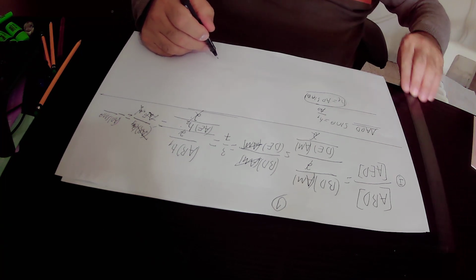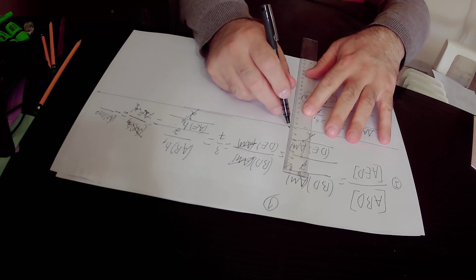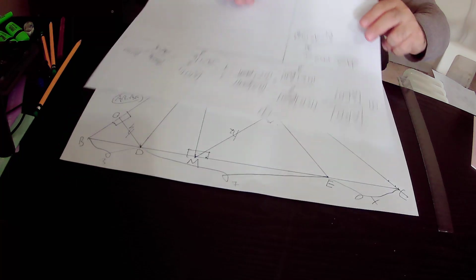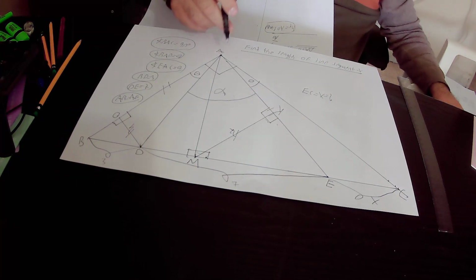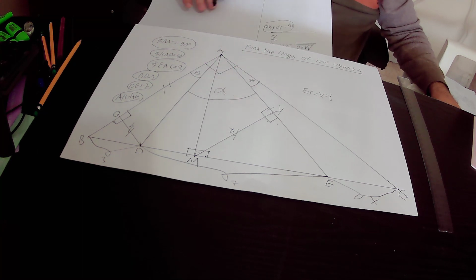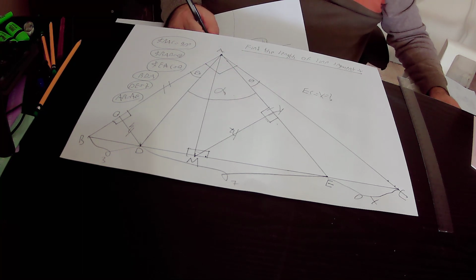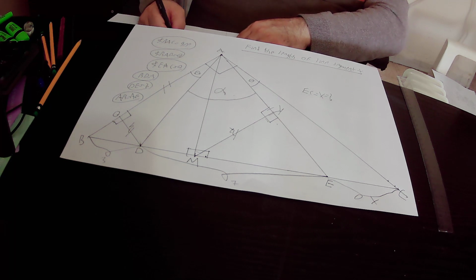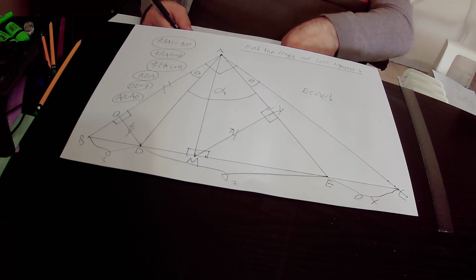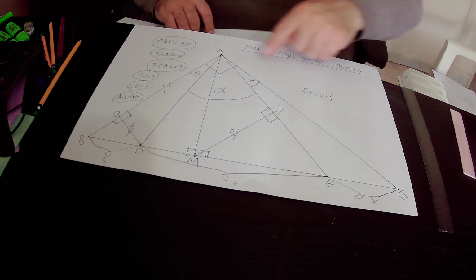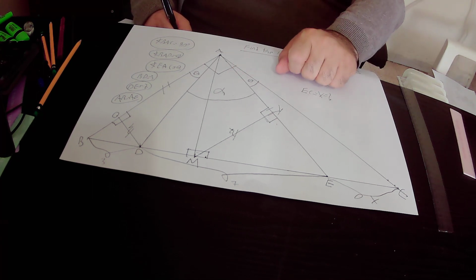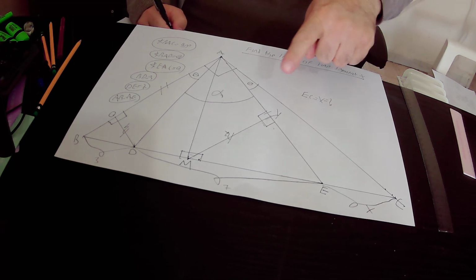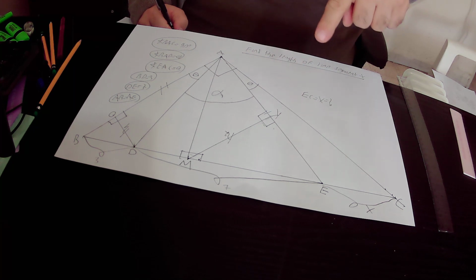Here we focus on the right triangle AKM, where sine alpha will be equal to H2 over AD.